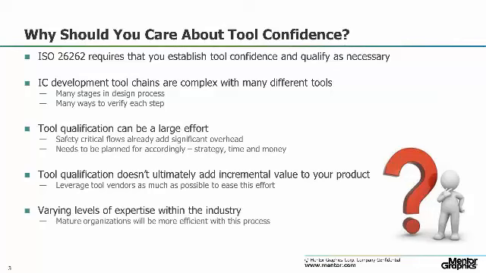And what we find is various levels of expertise. So there are mature companies who have worked in automotive for decades and have a very well-established process. There are new entrants into automotive electronics.